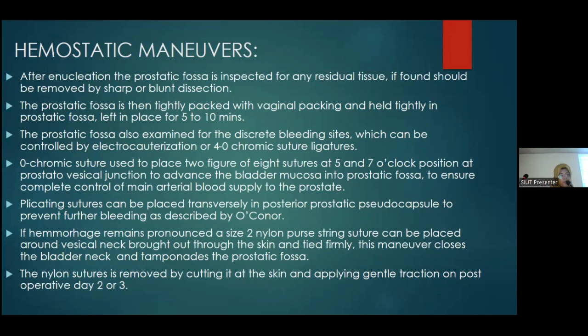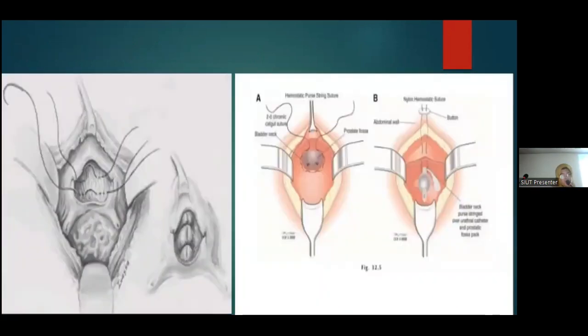If the hemorrhage remains pronounced, nylon 2 sutures can be placed around the vesical neck, brought out through the skin and tied firmly. This closes the bladder neck with a tamponade effect on the prostatic fossa. The nylon suture is then removed on the second or third postoperative day.